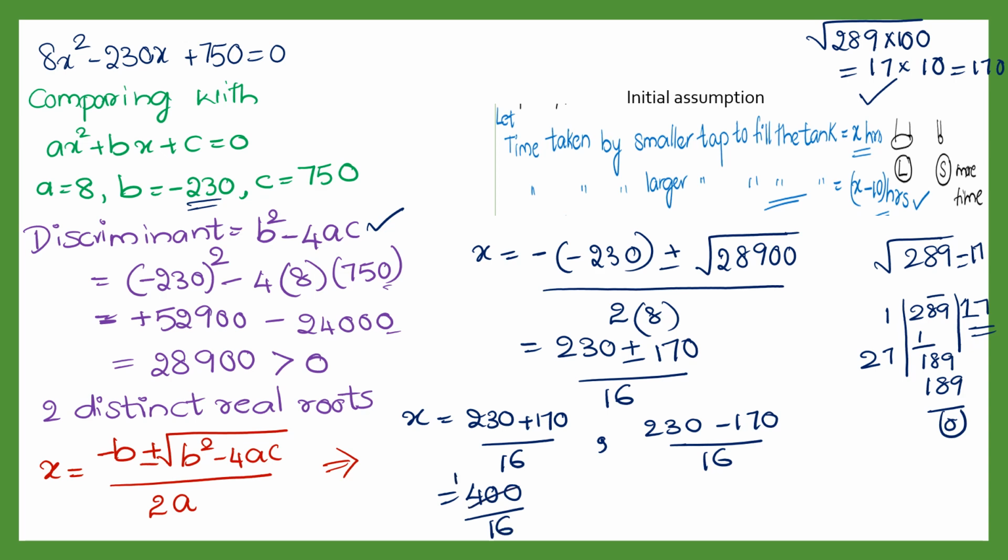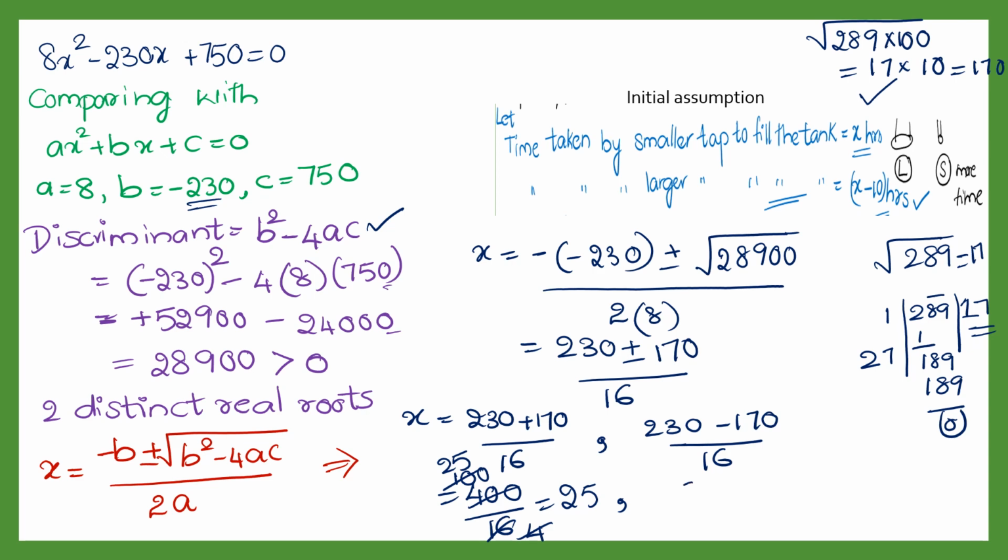So 4 hundreds are 4 fours, again 4 twos are 8, 4 fives are 20. One value we got is 25. What is the other value? 230 minus 170. 200 minus 100 is 100. Another 70. If you take off, you get 30. Another you have 30 extra.